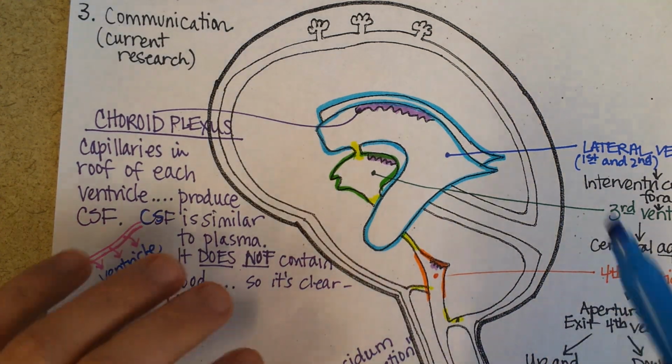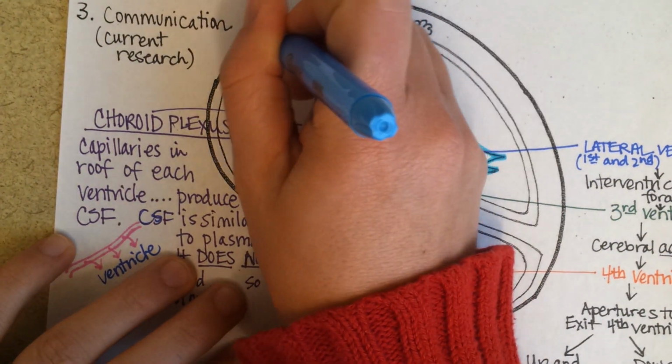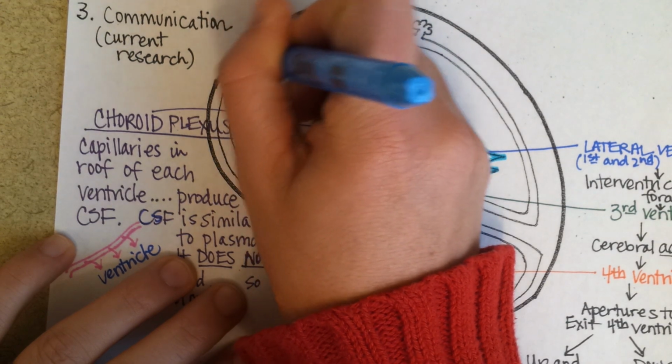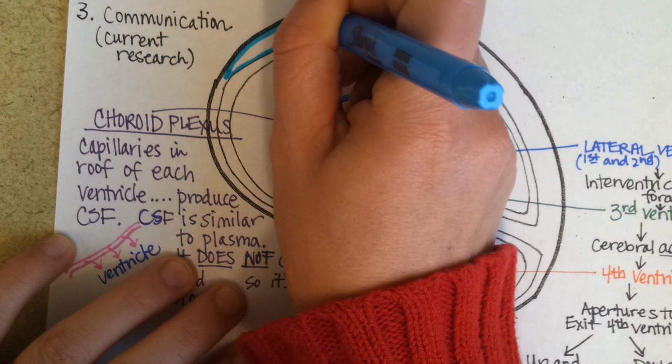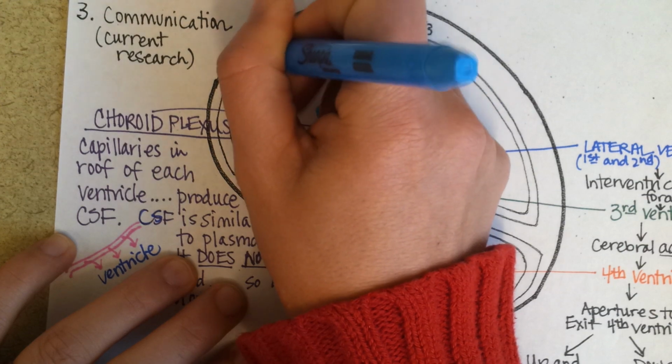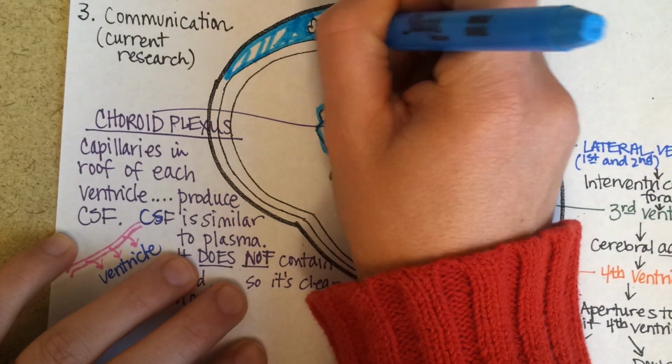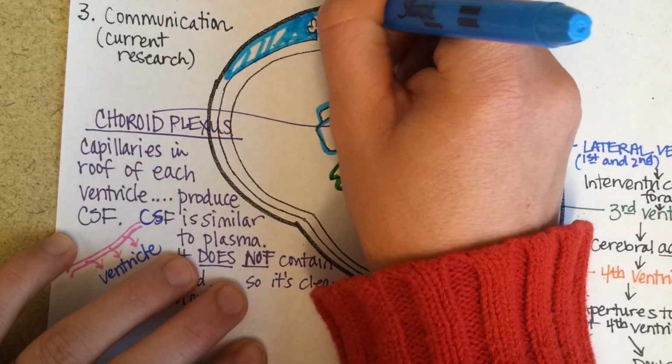So this is the sinus right here from a sagittal view. Maybe we'll use hatch marks, maybe a little easier to color it in.